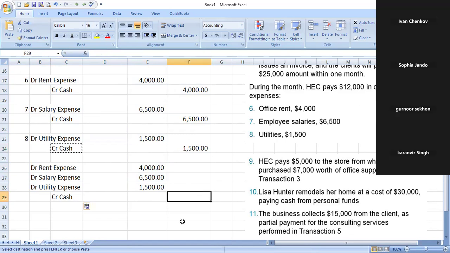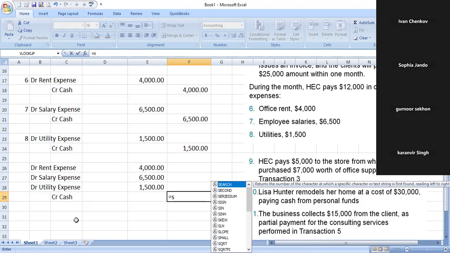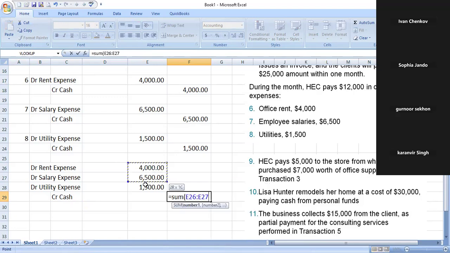But now, remember the debit has to be equal to the credit. So I'm not going to go cash three times. I'm going to go cash only one time, but I'm going to make sure that the cash amount includes all the amounts on my debit. Make sense?